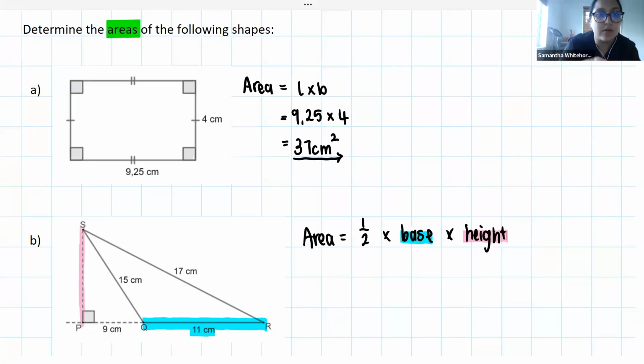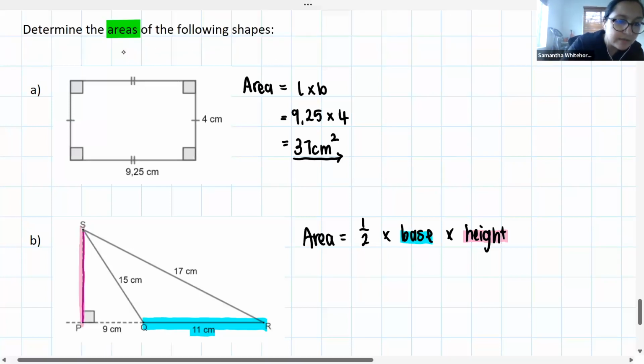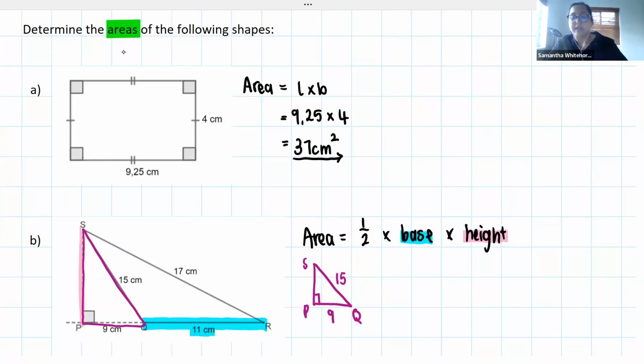But if you have a look, hopefully what you can see is that SPQ is a right angled triangle. So if I just take it out of the shape, there's my right angled triangle. There's SP, the length that I want, SPQ, and we know that this SQ length is 15, PQ is 9, exactly as Sinyane said there, and exactly as I was saying.